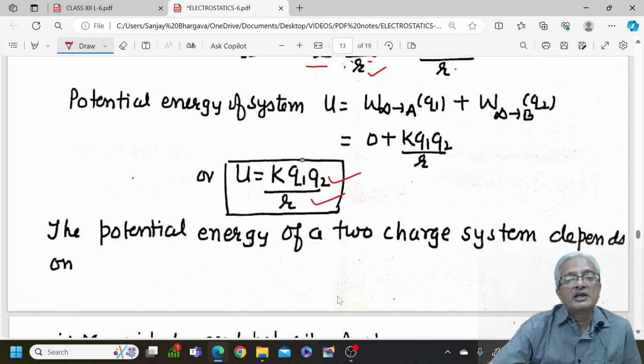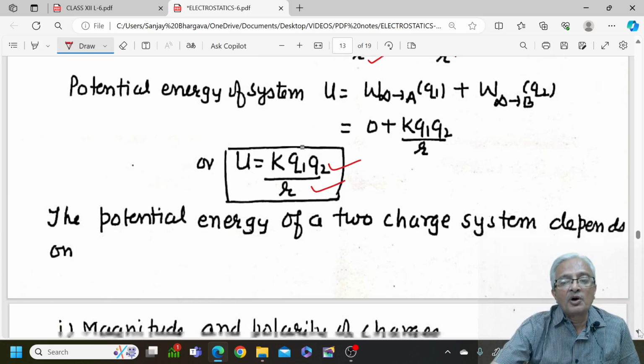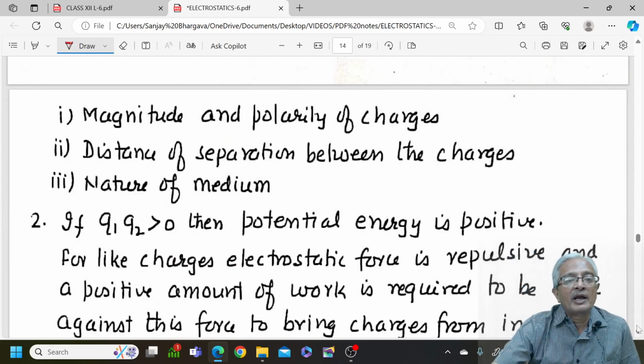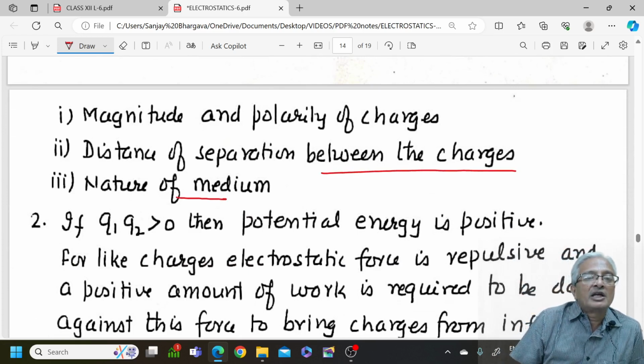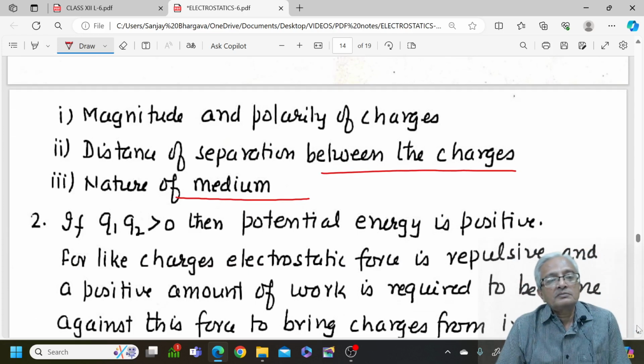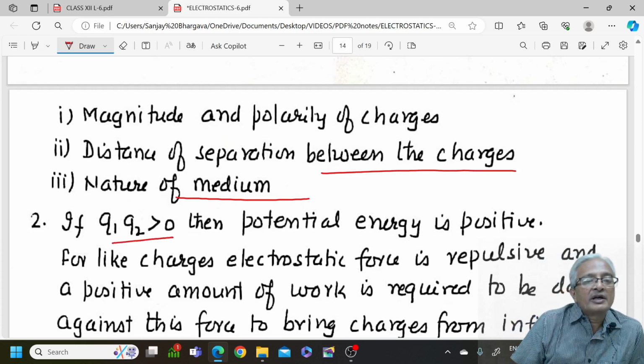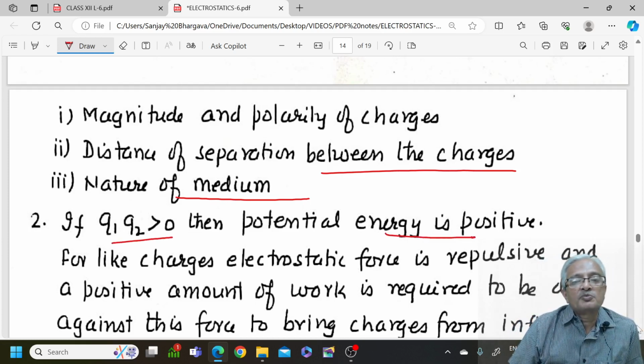What does this potential energy depend upon? It depends upon the magnitude and polarity of the charges, distance of separation between the charges, and the nature of the medium. Now if Q1 Q2 is greater than 0, then potential energy is positive.